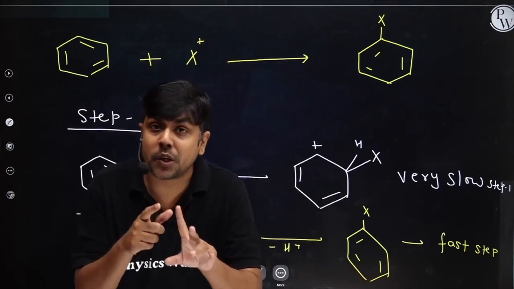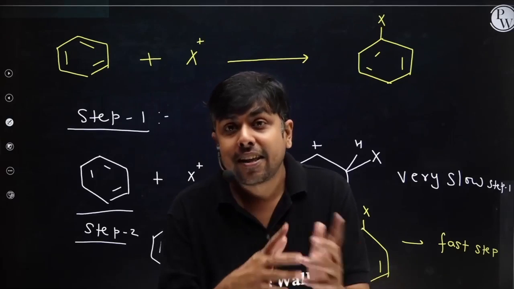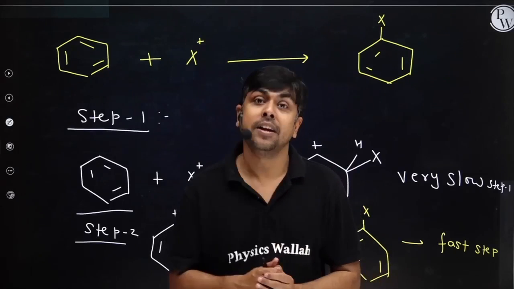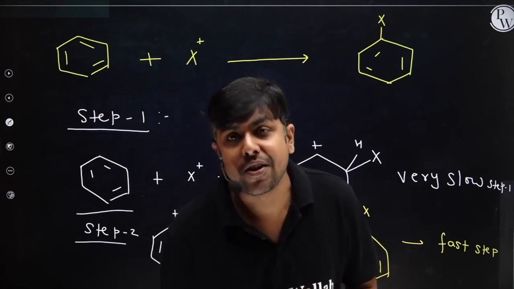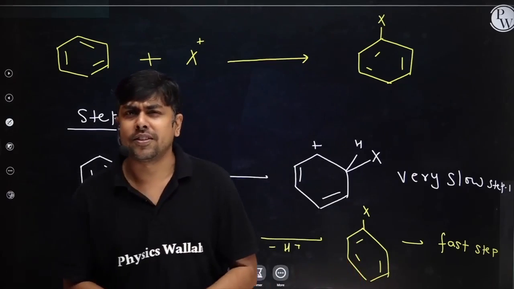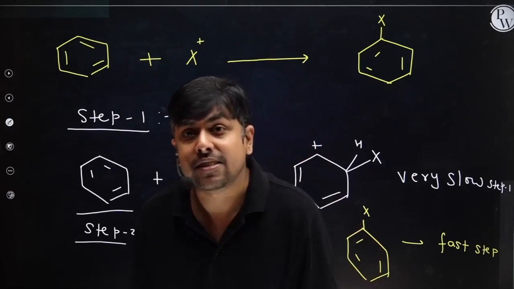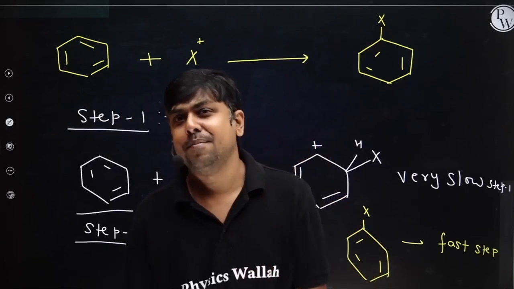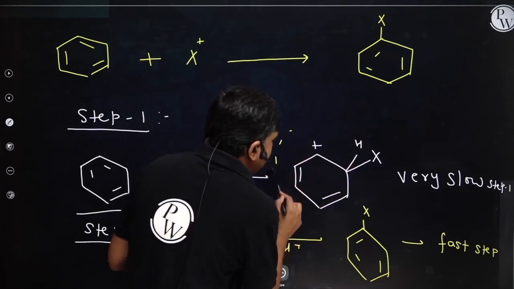It occurs in two steps. Step 1, loss of aromaticity, addition of this halonium ion to the benzene ring. Step 2, removal of this hydrogen in the form of H plus, or we can say deprotonation. Step 2 is a faster step, so the rate determining step is step 1. Am I clear, student? More is the stability of this carbocation.